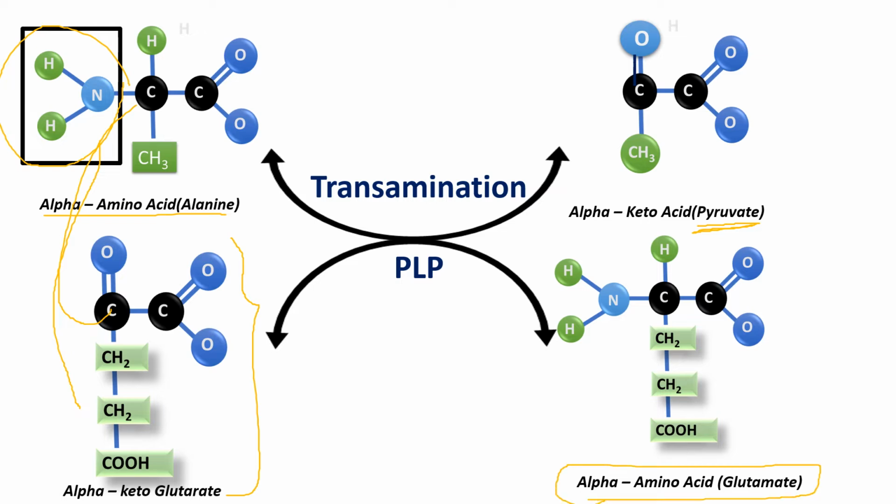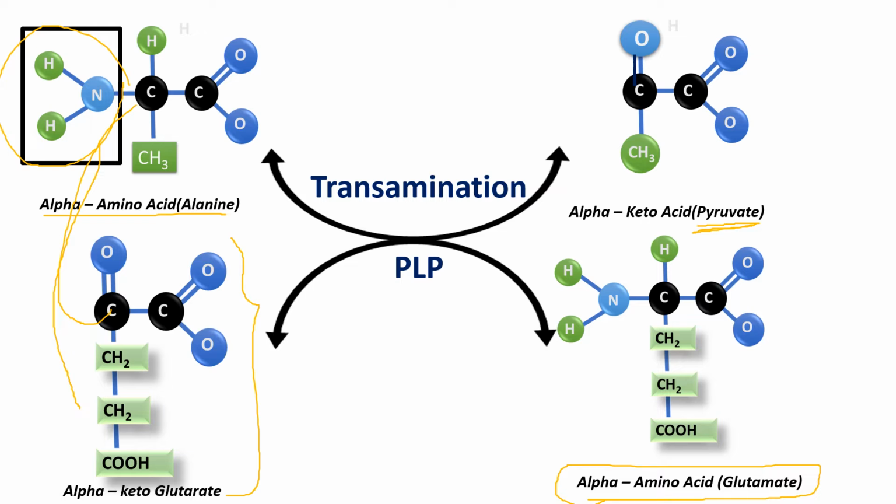So what is transamination? There is a transfer of an amino group from an alpha amino acid to a keto acid. This is your keto acid, or alpha ketoglutarate. After accepting the amino group, this alpha ketoglutarate will be converted into glutamate, and the amino group from alanine is removed, and here you will get pyruvate.